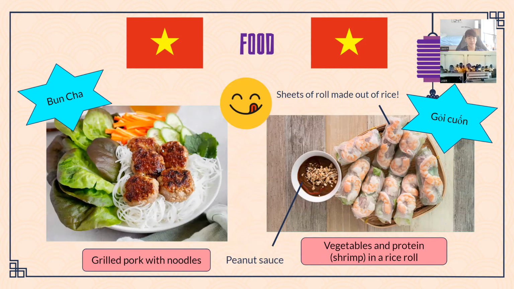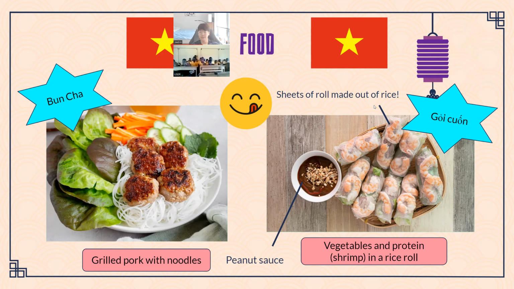On the left here is bun cha, and it is grilled pork with noodles. And on the right here shows goi cuon, which is a vegetable and protein roll. It contains vegetables and shrimp, and it's wrapped in this rice roll.